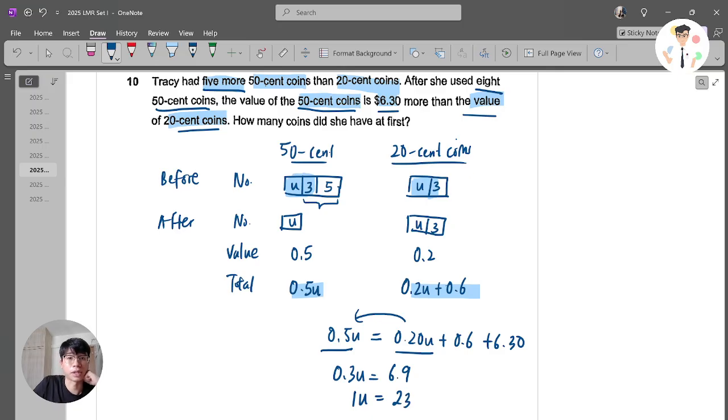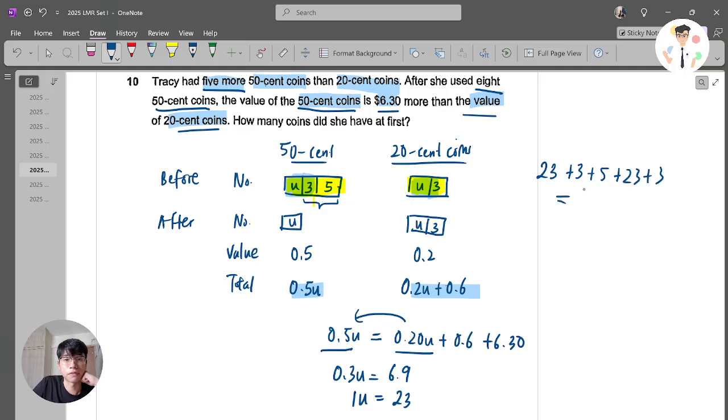And now the question asks, how many coins did she have at first? And the number of coins basically is the whole thing here and the whole thing here. Okay, so there will be 23, which is 1 unit, plus 3, plus 5, then plus again 1 unit, 23, plus 3.